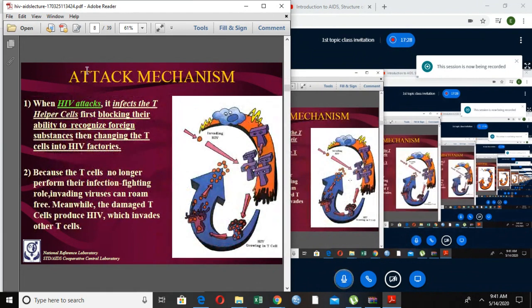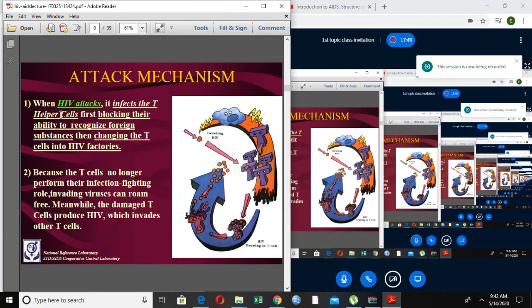Then let's see how the attack mechanism occurs. When HIV comes in now, it infects the T helper cells. Of course, the macrophages will know we have a foreign virus in the body, and activate the T cells.